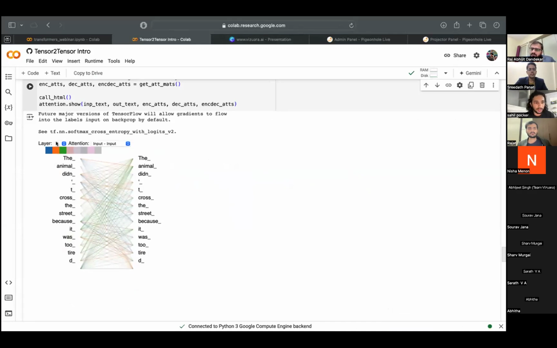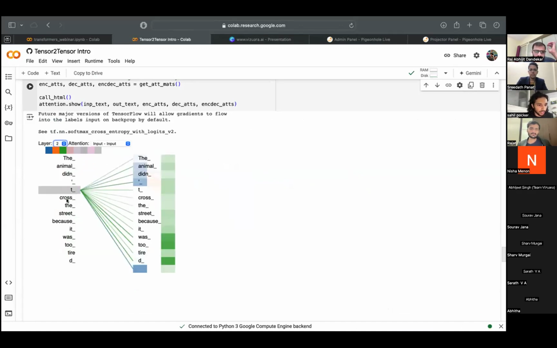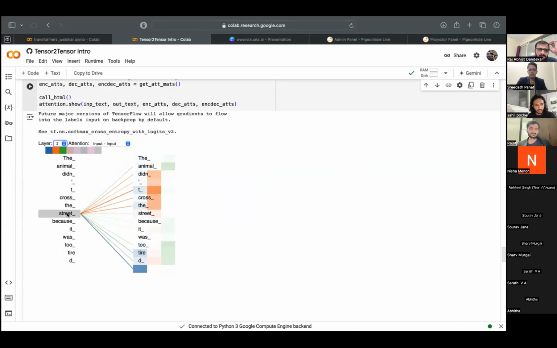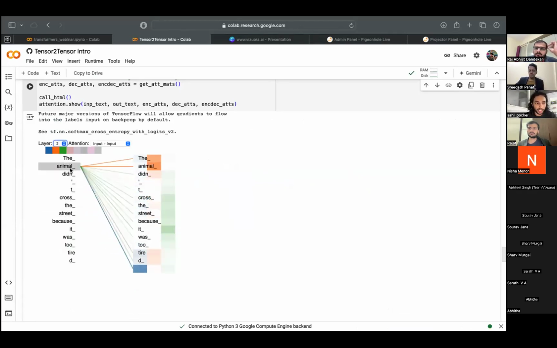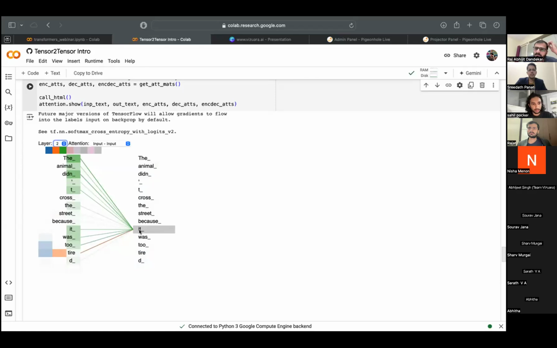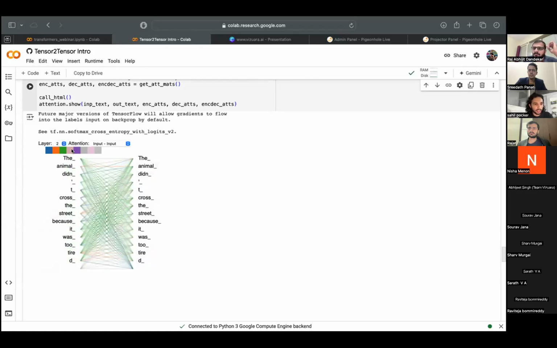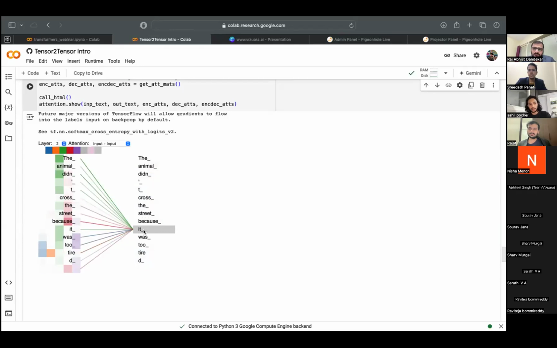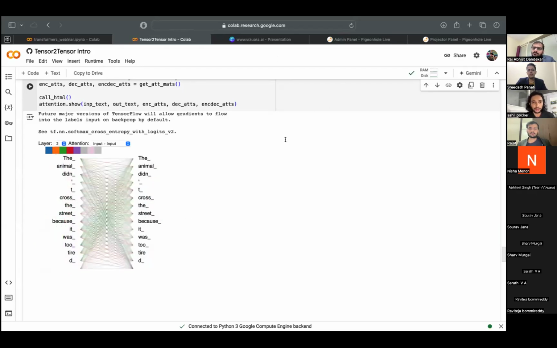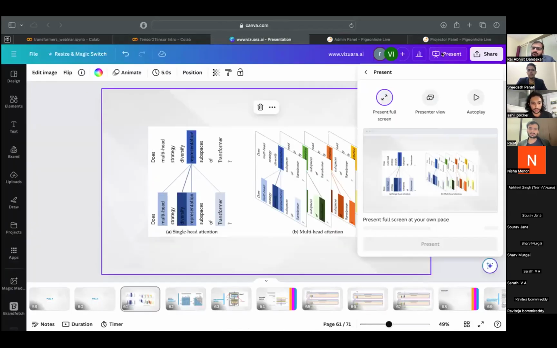So like I said, we have several layers, and each of these layers, if you look at a single word, let's say, each of these are different attention heads. Like I told you, one attention head could probably point out that it is probably the animal or something like that. But if you look at some other attention head, it might be focusing on something else. It might be trying to understand something different, or extracting some different kind of features from the input sentence, right?